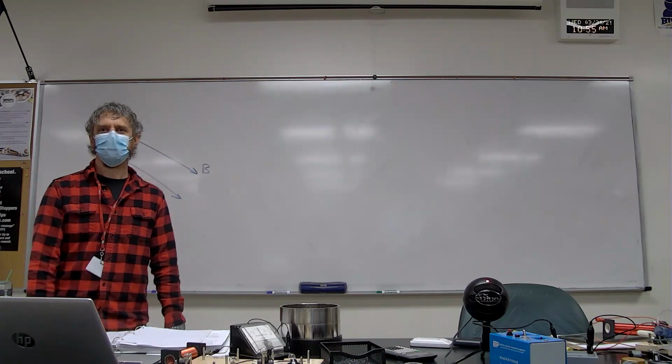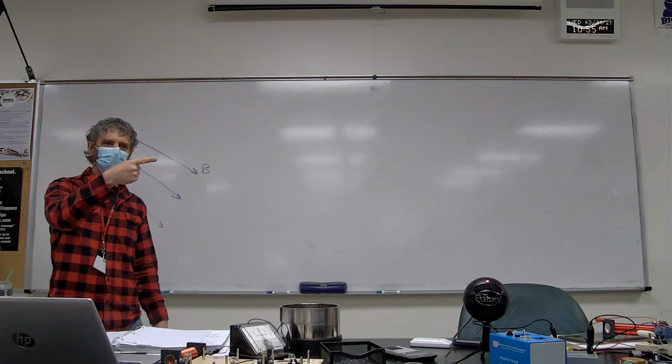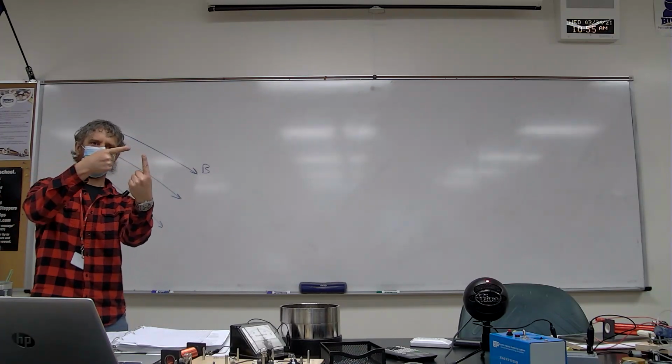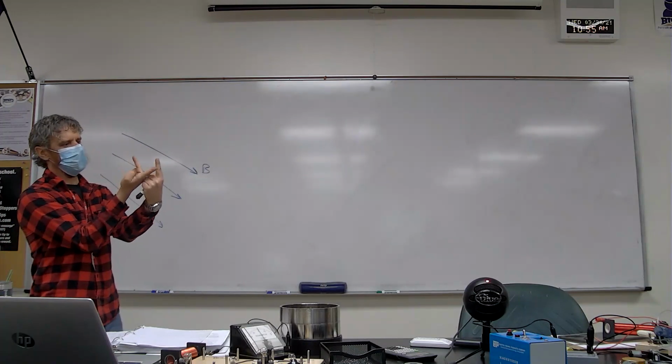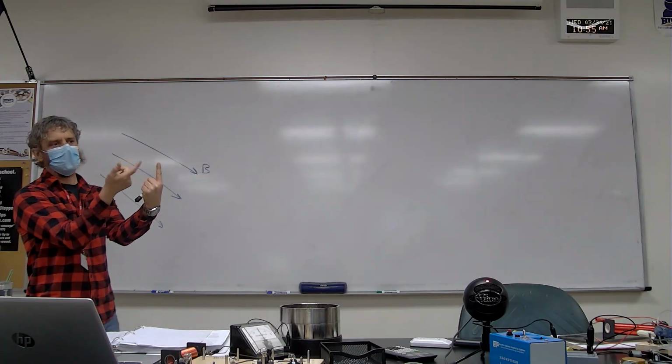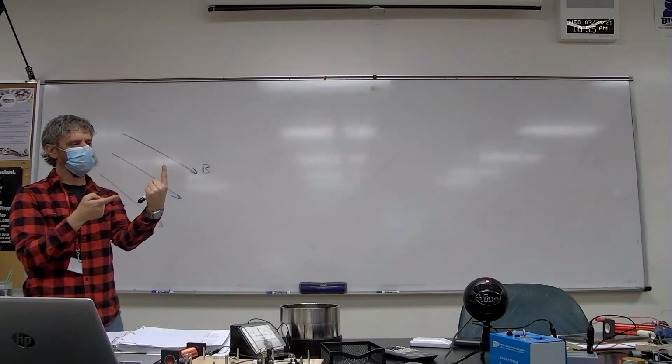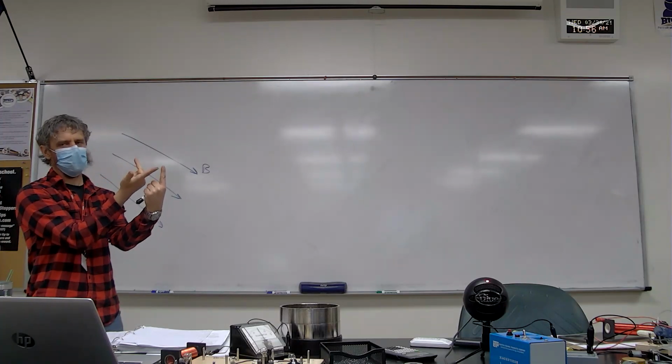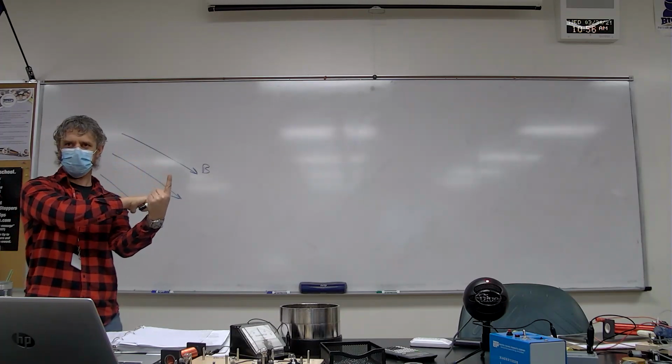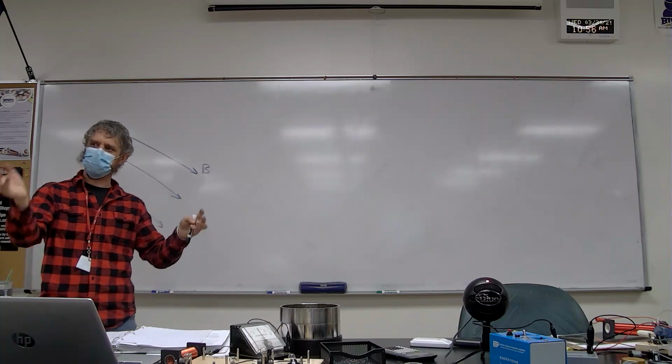Positive charge is moving this way in a magnetic field pointing up. I cross B forces out towards you. If that was an electron, flip it. Negative charges do the same thing but opposite.